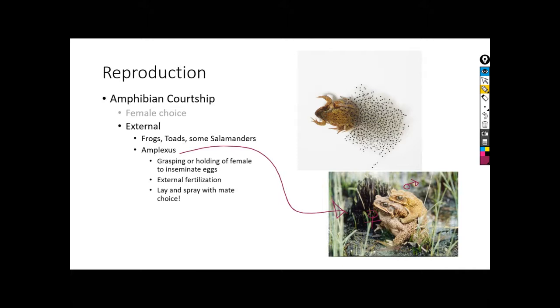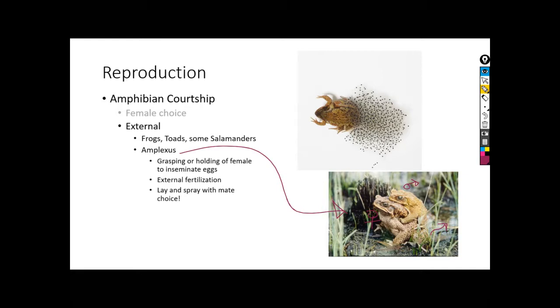Remember with external fertilization, the key is the egg and the sperm are meeting outside the body. So in this case, we have this pairing. This is amplexus. We're a couple now. So the female will start to lay her eggs in the water. And as she lays her eggs, the male will also, is lay the right word?